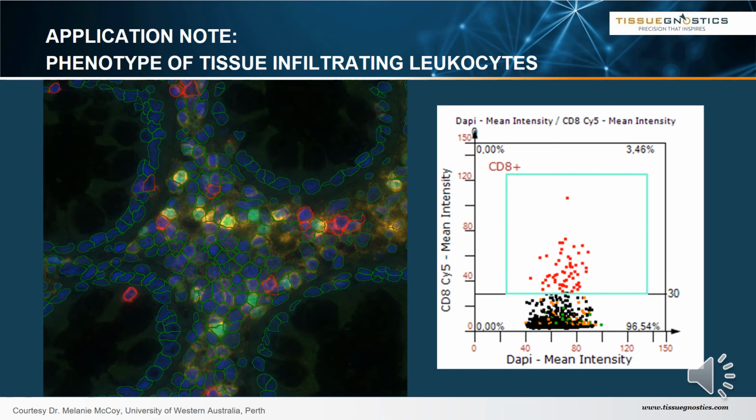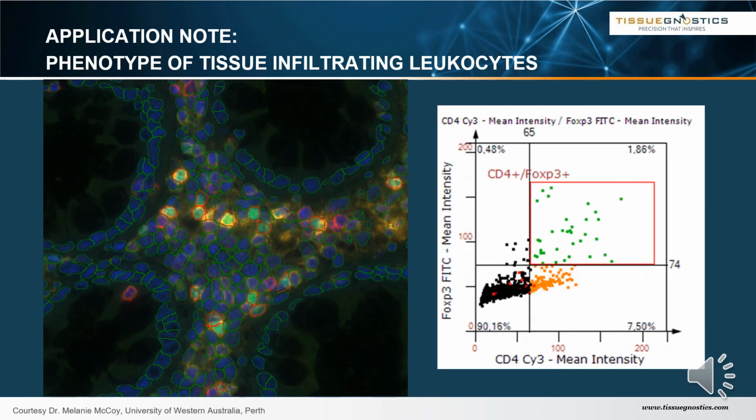The same can be done for CD8, the cytotoxic T cell population, and finally for CD4 FOXP3 double positive cells. So with this software we can identify and quantify co-expression of molecular markers on the single cell level in tissue sections.